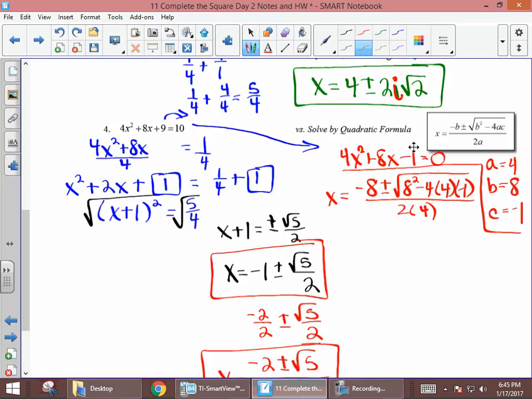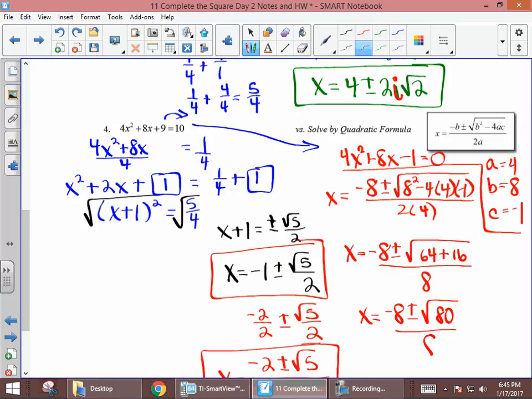So now, if I simplify things, x equals -8 plus or minus the square root. 8 squared is 64. Minus a negative is plus. 4 times 4 times 1 is 16, all over 8. So x equals -8 plus or minus the square root of 80 over 8.